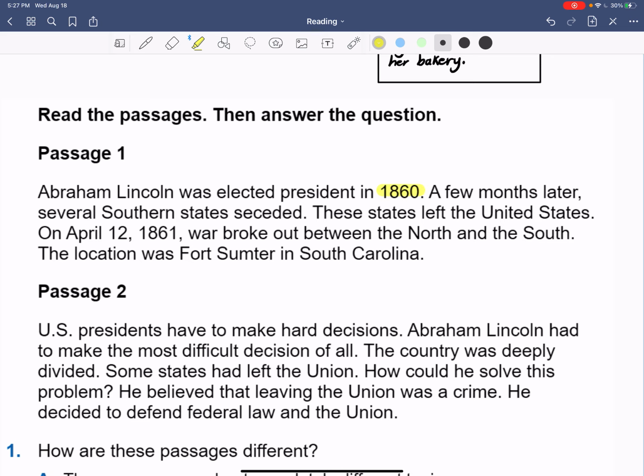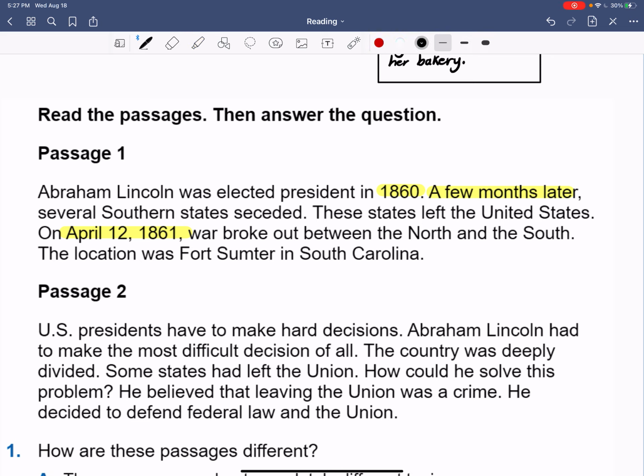A few months later, several southern states seceded. And seceded means left a union. These states left the United States. On April 12, 1861, war broke out between the North and the South. The location was Fort Sumter in South Carolina.